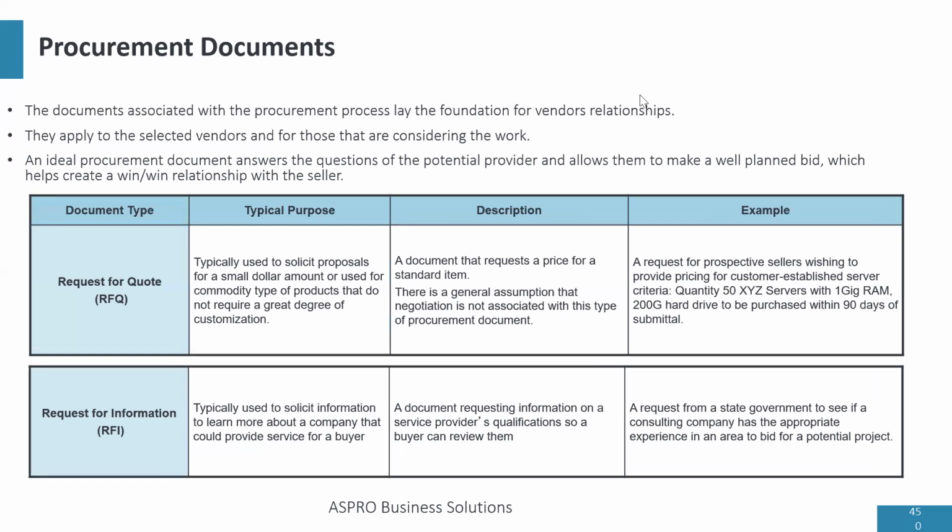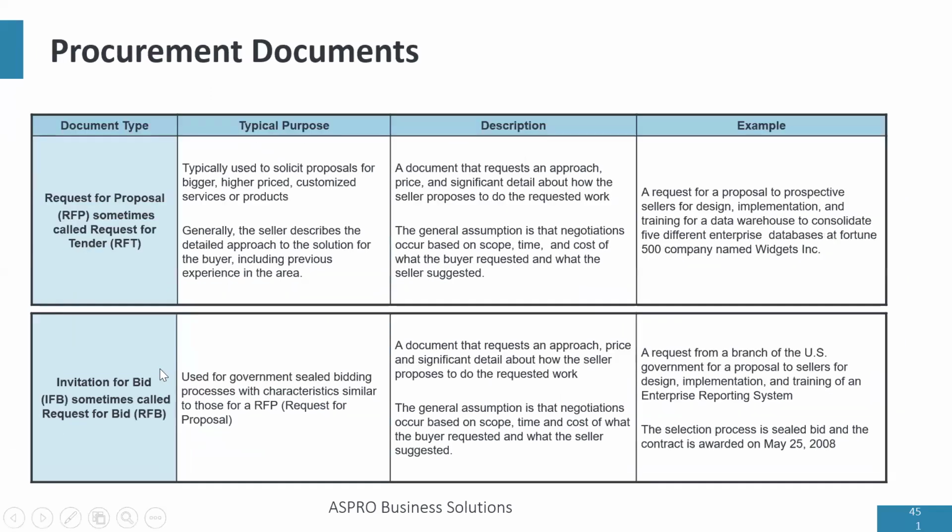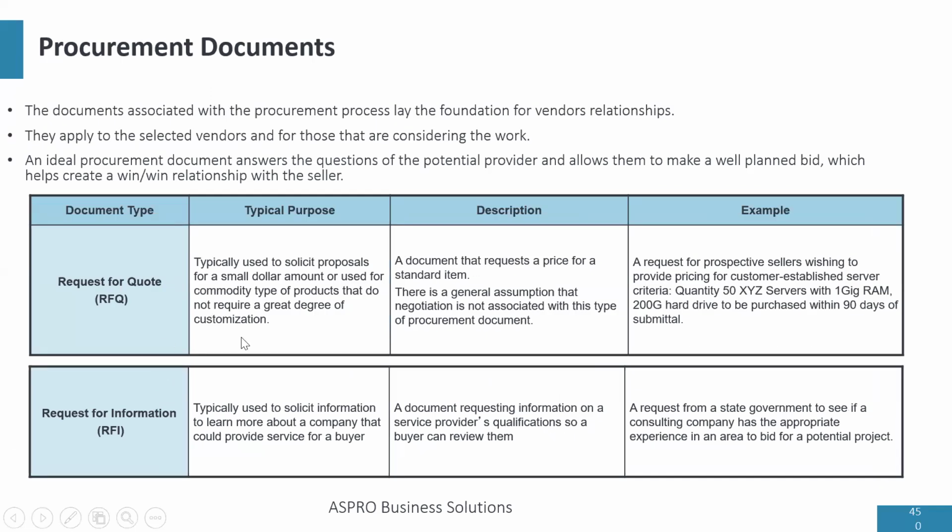So let's talk about procurement documents. Right now, there are four types of procurement documents. We have request for quotation. Request for quotation is used when you want a company to submit their quotation for some products you want them to supply, right?